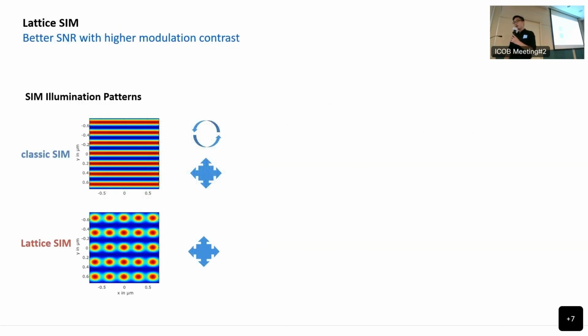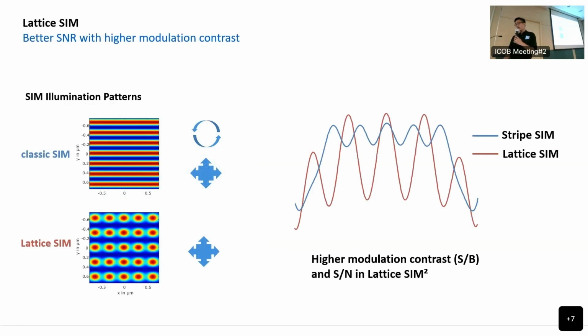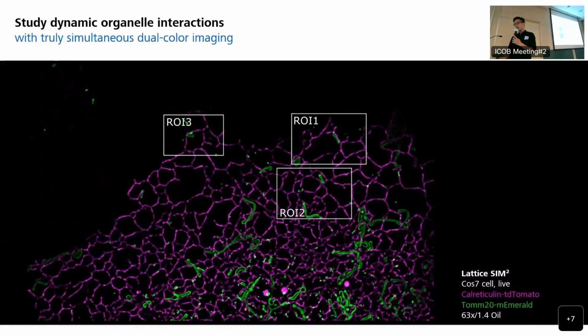For the conventional one, the grid has to do rotations, and each rotation costs extra time in your imaging process. So that's why we apply the lattice grid, the hexagonal type, and we only need to move the grid vertically and horizontally. Further, the lattice type SIM also enhances the resolution. Let's go to the details.